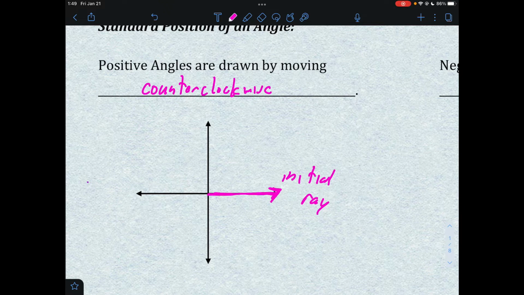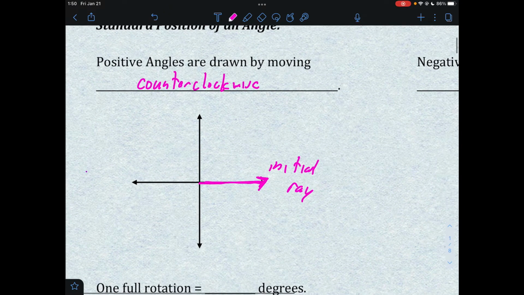And then we're going to move counterclockwise to draw the other one. So maybe we were drawing an angle that's this big right here. We would call this a positive angle. This second ray here is called our terminal ray, which means the ending ray. So initial ray, starting ray; terminal ray, ending ray.